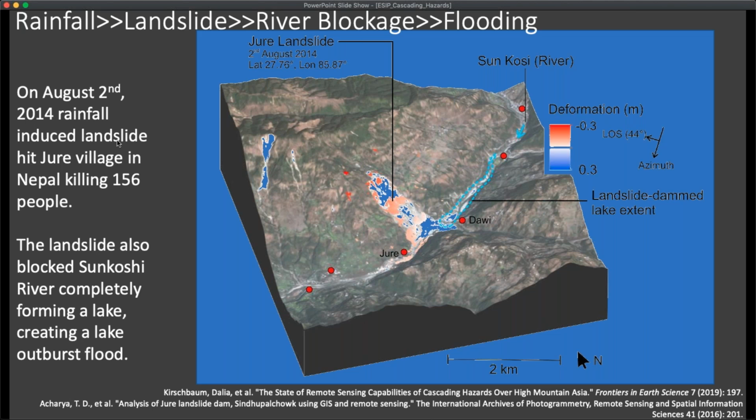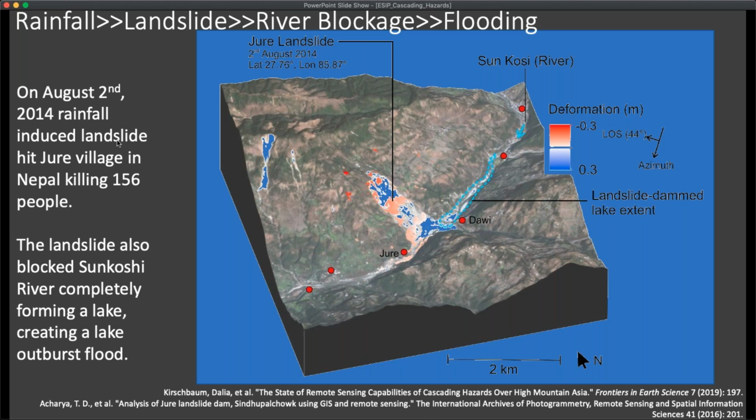So in this case, what you see on the image is the deformation rates, again, from synthetic aperture radar before the landslide. The area of the landslides are shown also in this colored image. And you can see the blue dots showing the lake that actually formed because of the damming of the river.